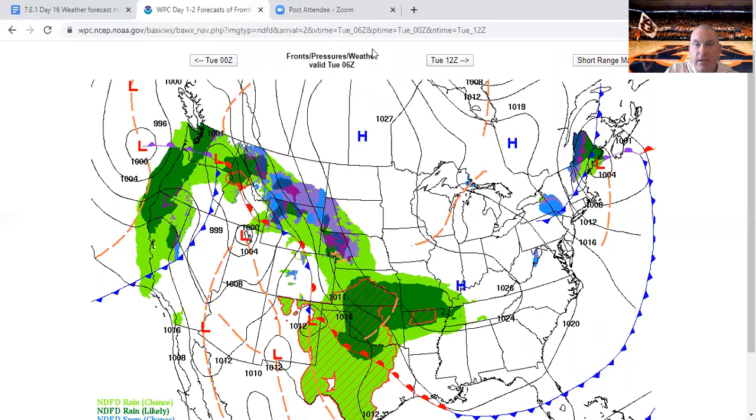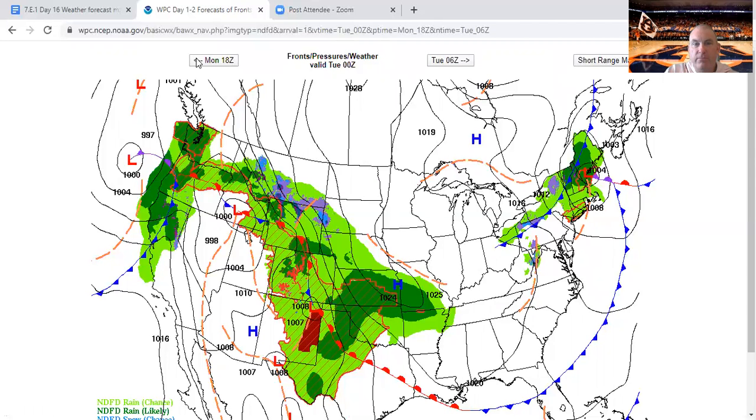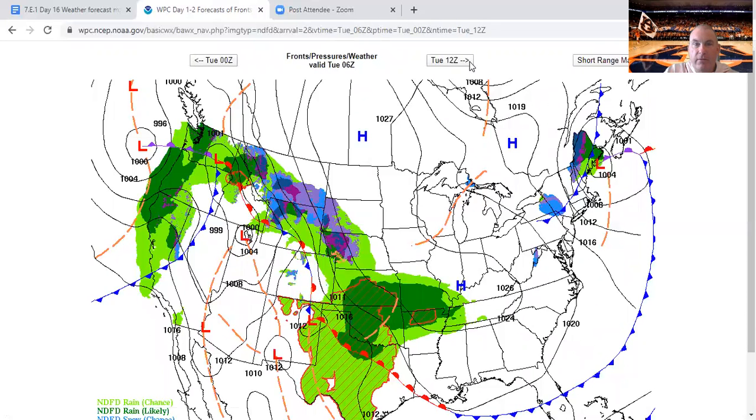And we're looking at 0600 Zulu Tuesday, which is, minus 5, would be just after midnight here. So that last one, midnight Zulu, basically, that's tonight for us. 0600 Zulu is 1 a.m.